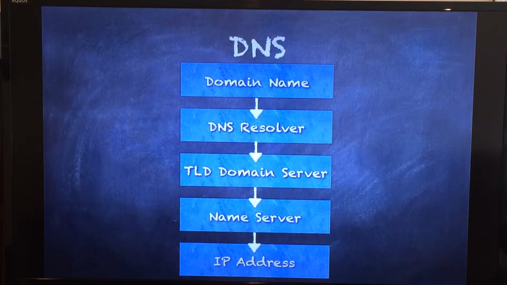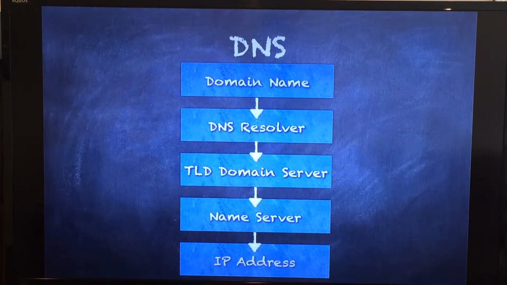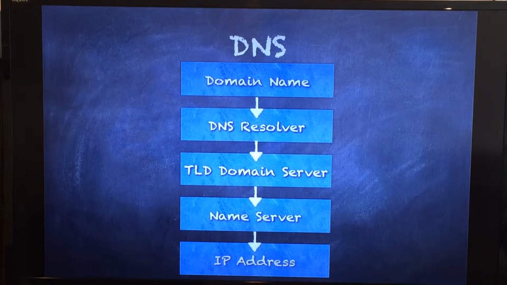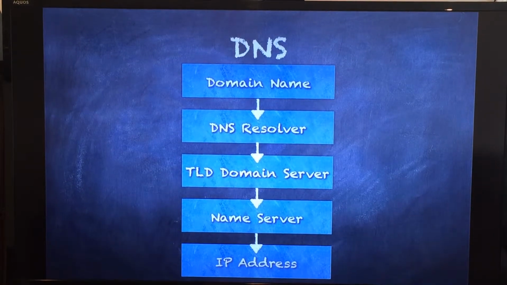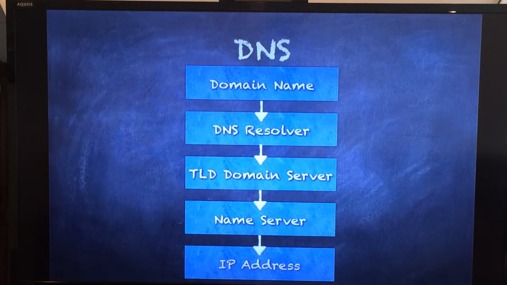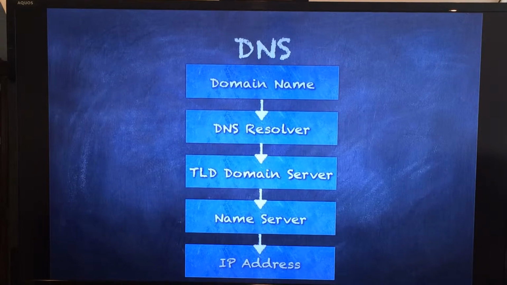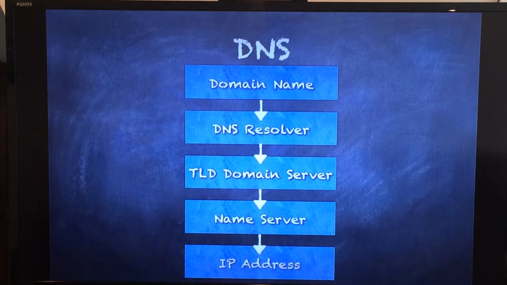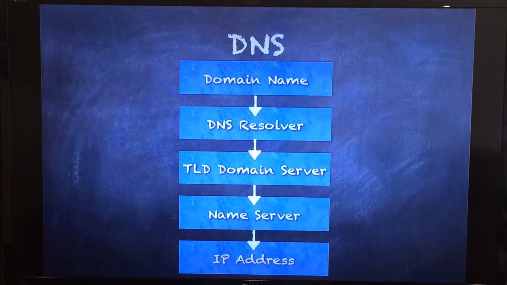These name servers would then contain the location of Nerdina's IP address and would therefore be able to successfully map our domain name, nerdina.org, to our IP address. So that's just a review of the domain name system.